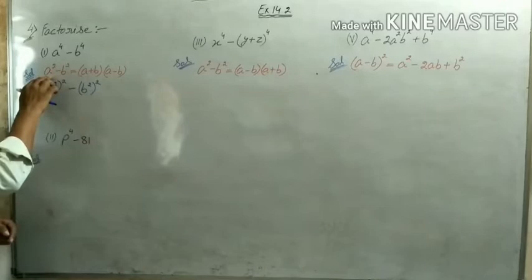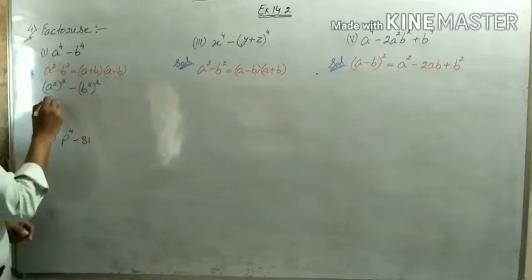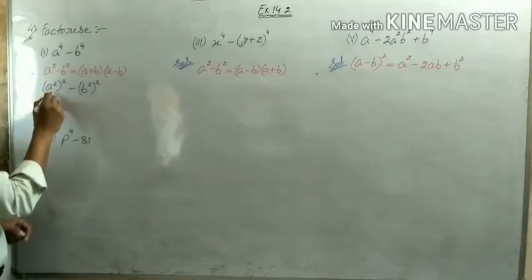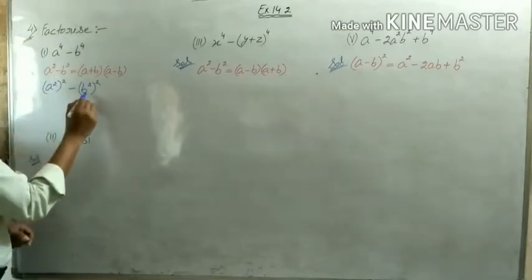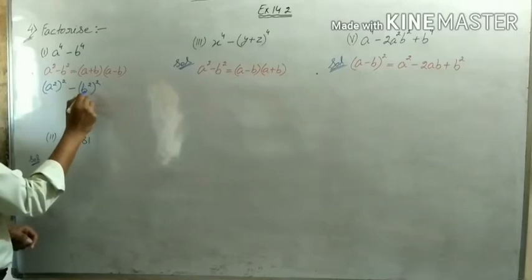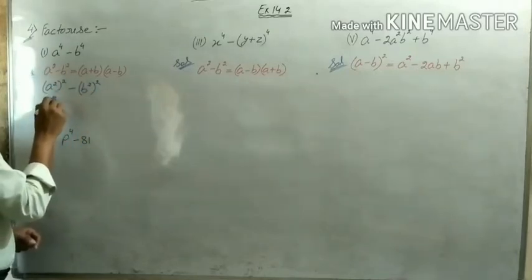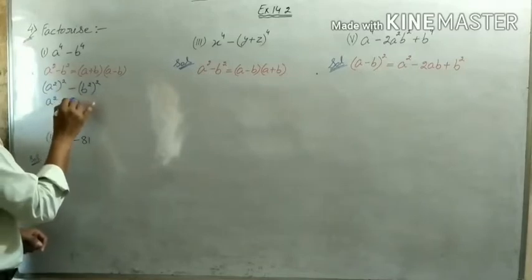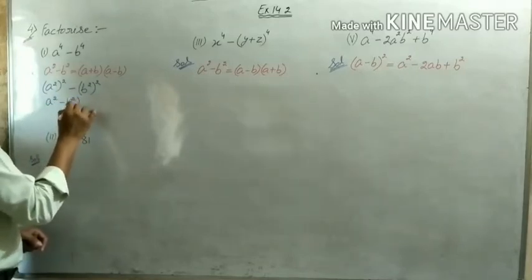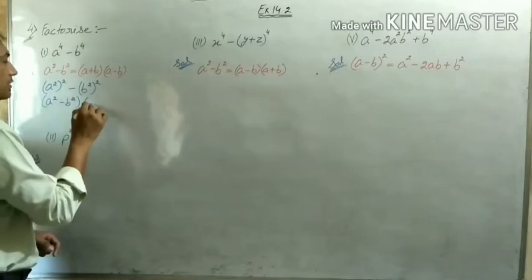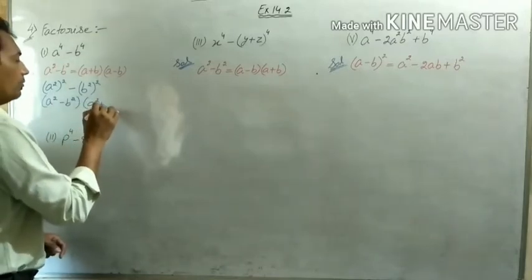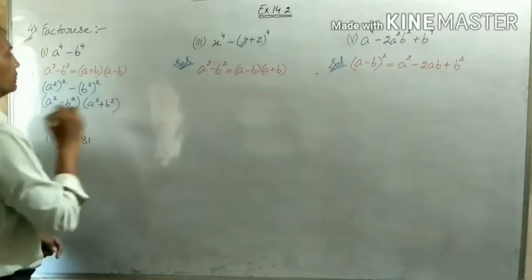Now we can apply this identity here. So a square whole square: the quantity in the bracket, a square, is actually your a, and here the quantity in this bracket, b square, is actually your b. So a square minus b square, one time minus and one time plus, a square plus b square.